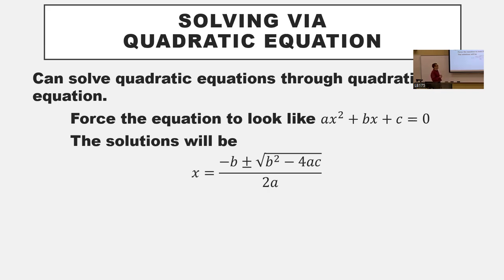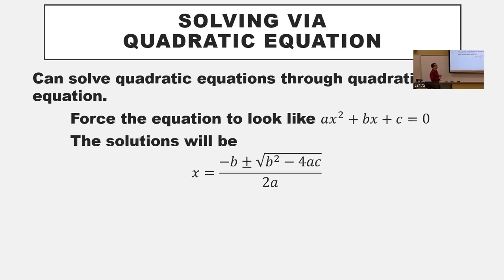The quadratic equation says if we force our equation to be ax squared plus bx plus c, and then we set one side equal to 0, the solutions will be x values of opposite of b plus or minus the square root of b squared minus 4ac all over 2a. So opposite of b plus or minus square root of b squared minus 4ac all over 2a.